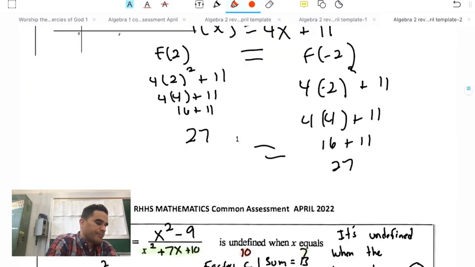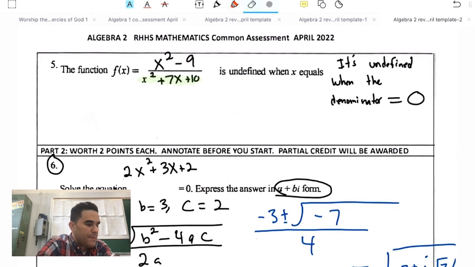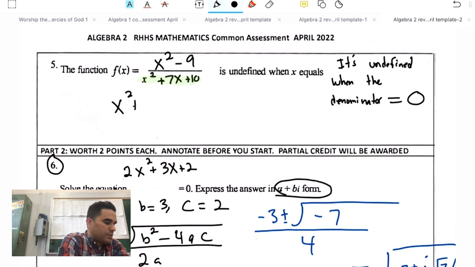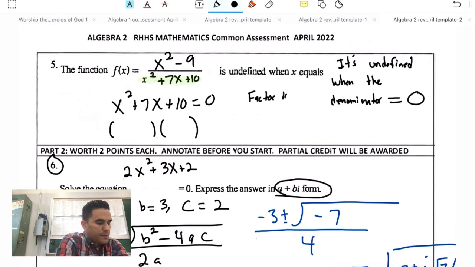All right, so now let's continue. Denominator is equal to 0. So x squared plus 7x plus 10 equals 0. We have to look at the factors of 10 that add up to 7. In this case, it's 2 times 5, and 2 plus 5 is 7.